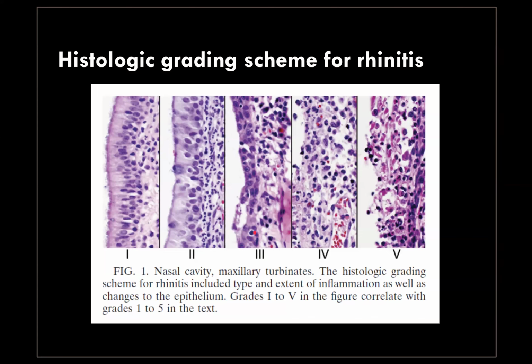So they die because of the infection. As the disease progresses, the ciliated epithelium becomes eroded, and that's when we see the high grade rhinitis, no?